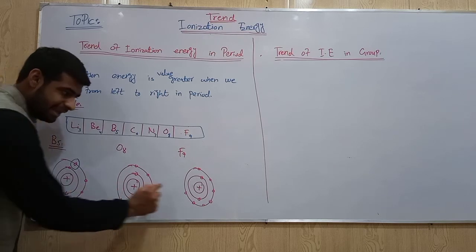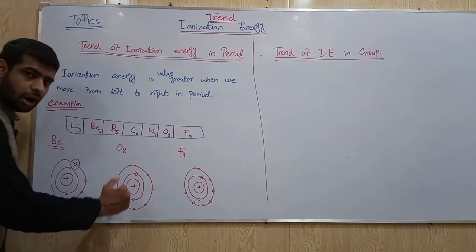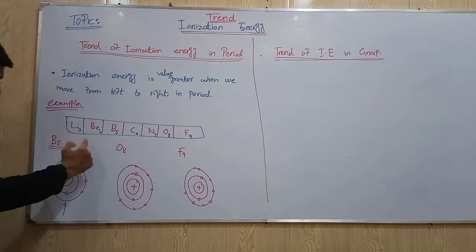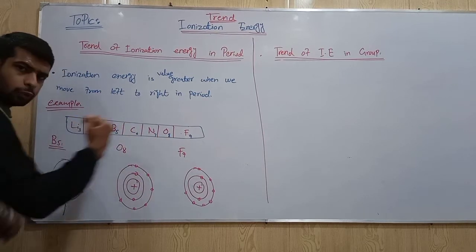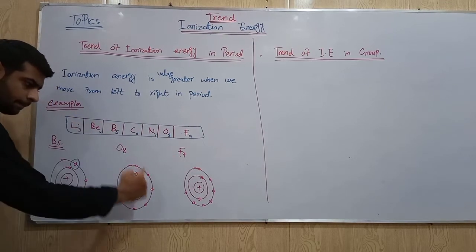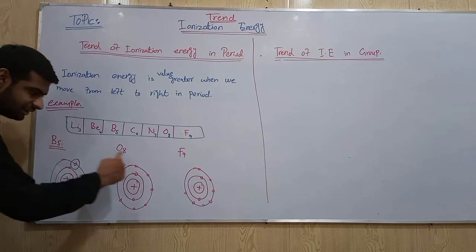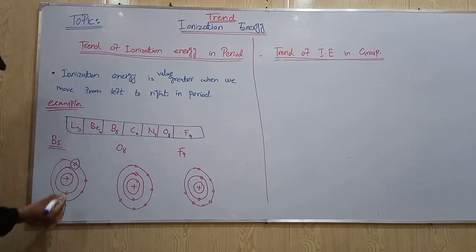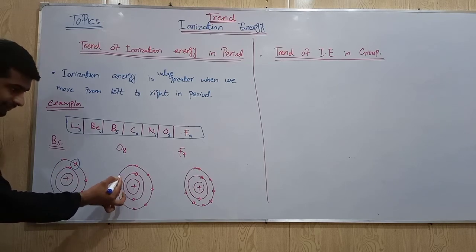The shells remain the same, but the number of electrons is greater as we move left to right. Boron, then oxygen: the valence shell remains the same, but the electron quantity is greater. Now removing an electron from boron is easier than from the others.